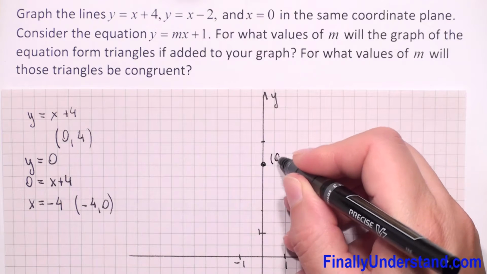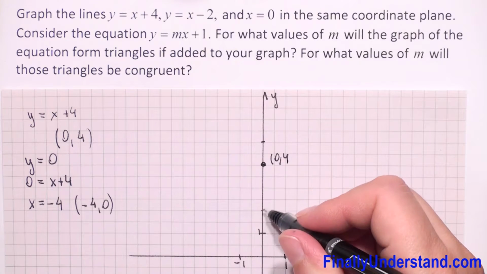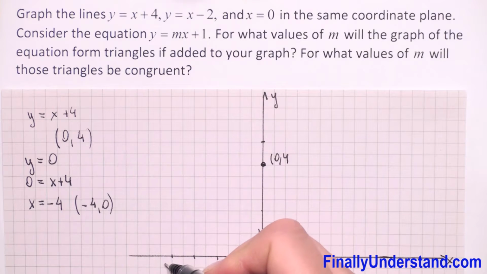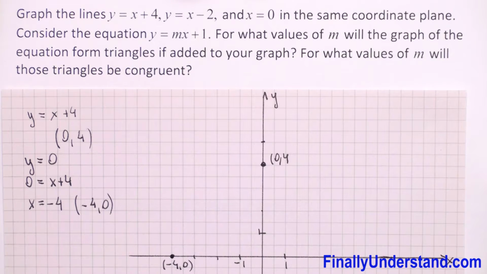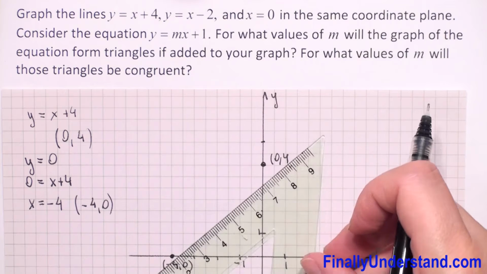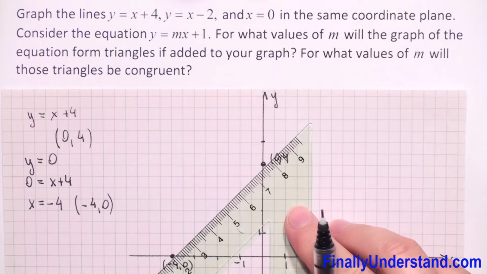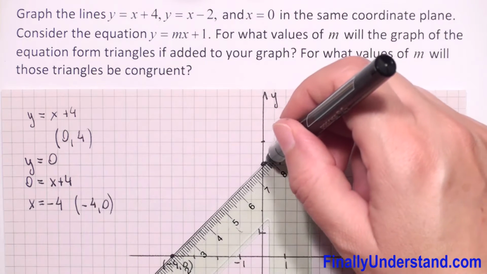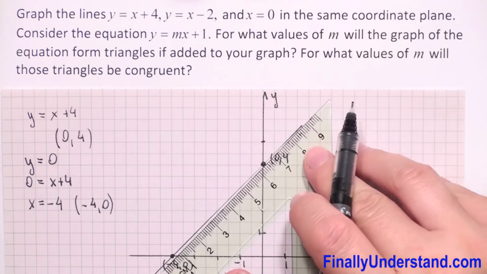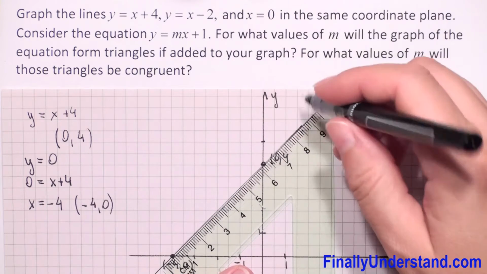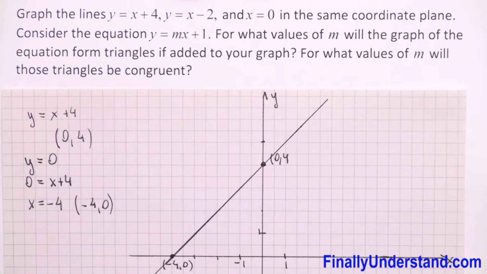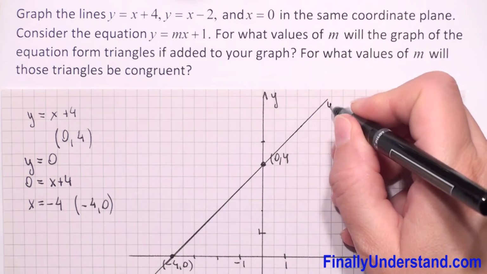So this is the point (0, 4), and (negative 4, 0). This is the second point. So we have the first line, this is y equals x plus 4.